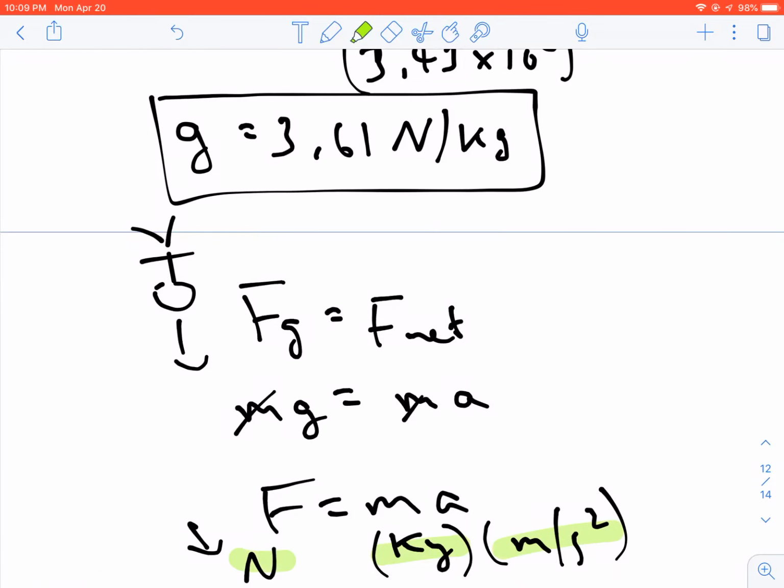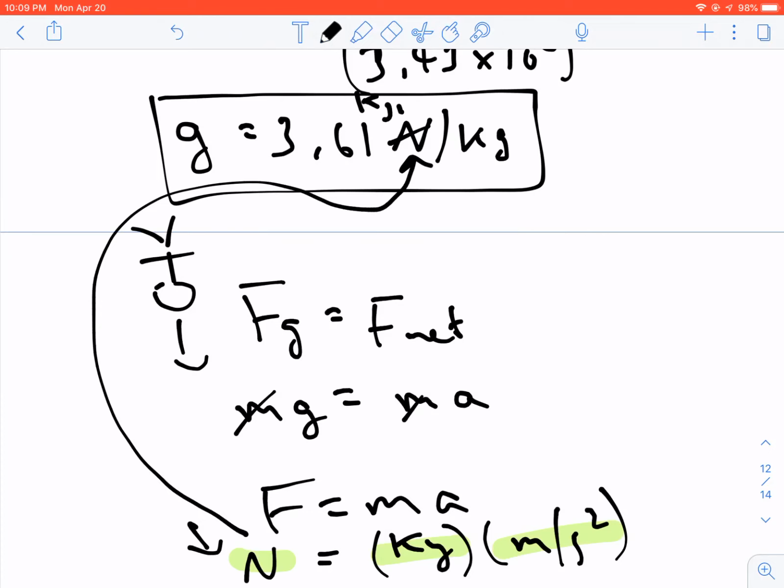Now, note here that if newtons are the same as kilograms times meters per second squared, then if I take this value of newtons up to here and plug it in, and newtons are equal to, let's scratch this out, and let's put in the other units for newtons, which are kilograms meters per second squared.